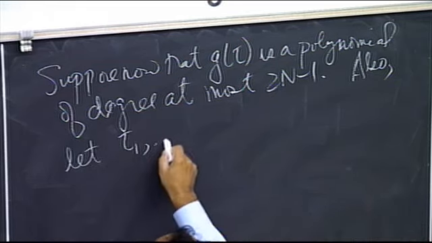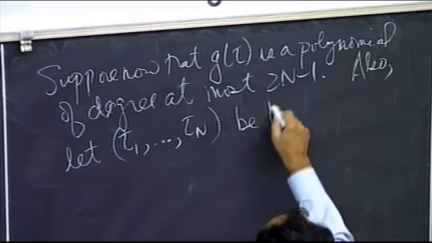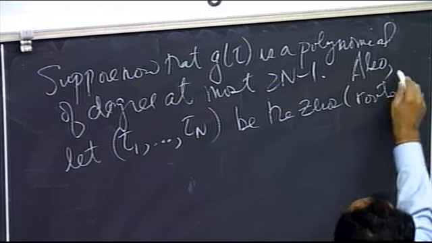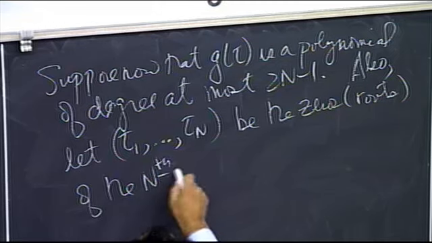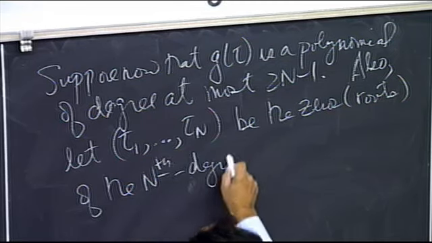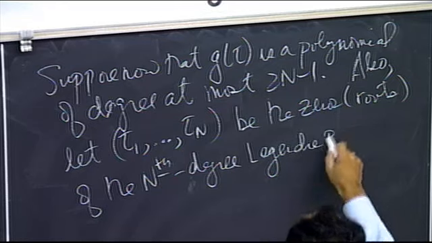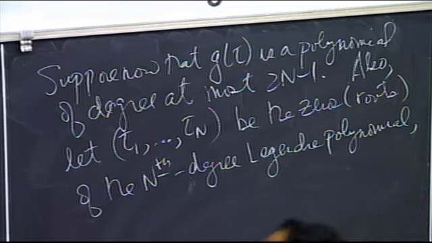tau 1 up to tau n be the zeros, or the roots, of the nth degree Legendre polynomial, which of course is P sub n of tau.